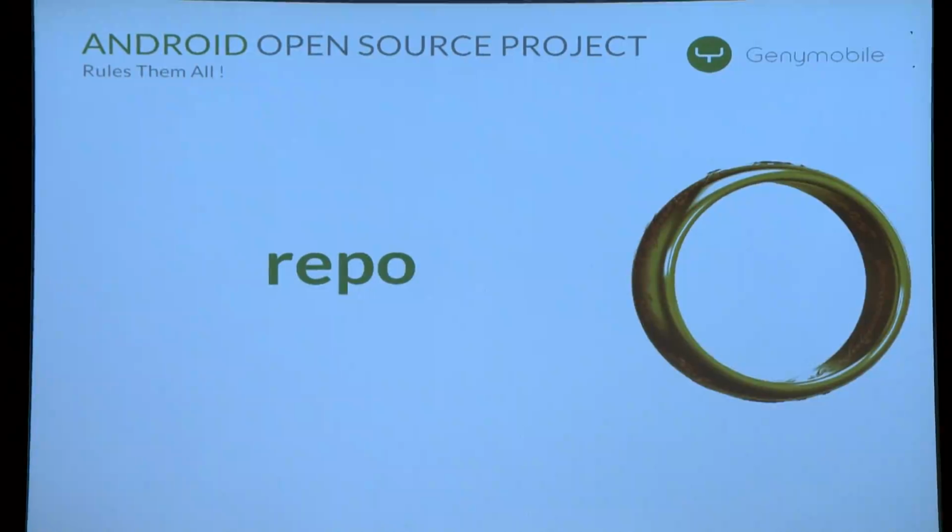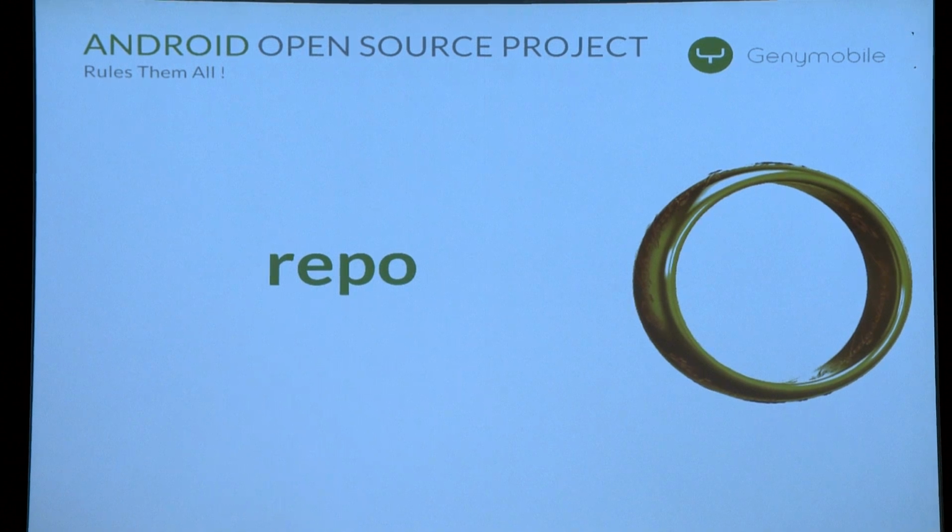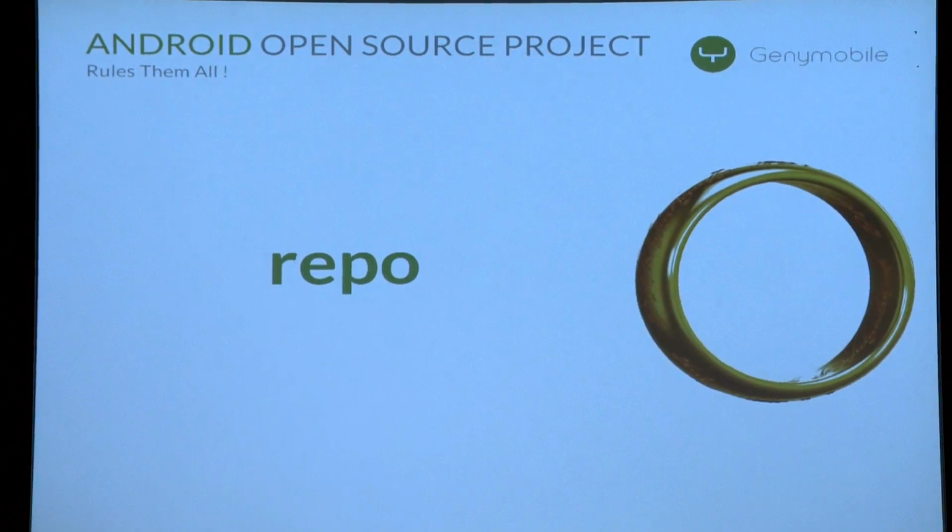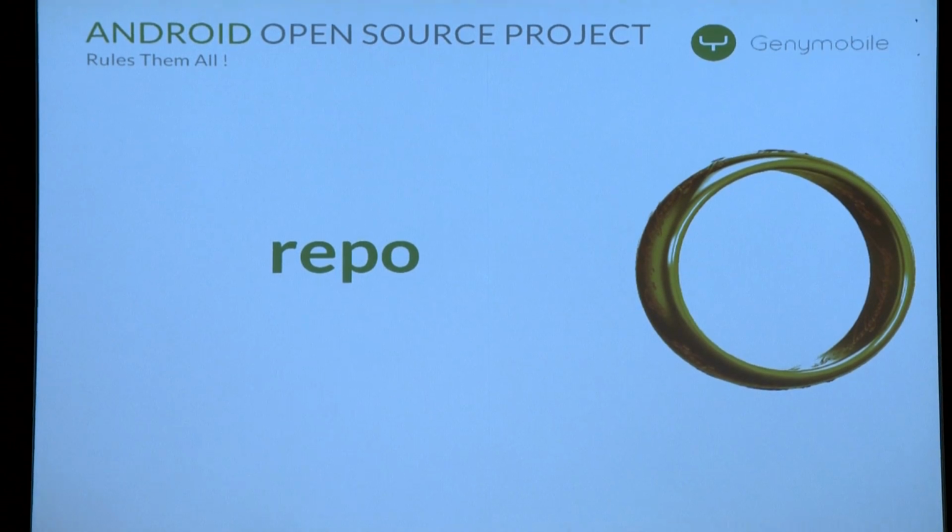So, one of the first instructions on the website is installing the repo tool. It's the first time you may have heard about this tool. What is that? In fact, the Android project is made of around 200 external projects, 200 external Git repositories.